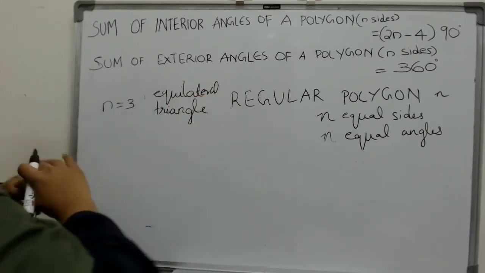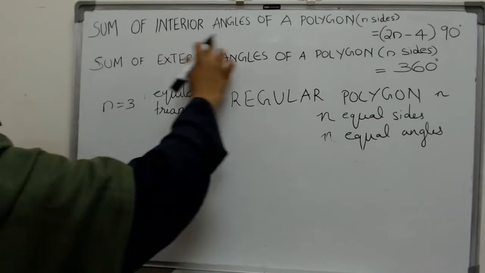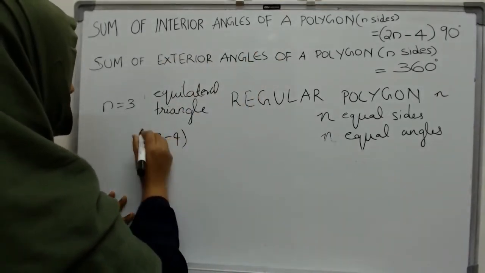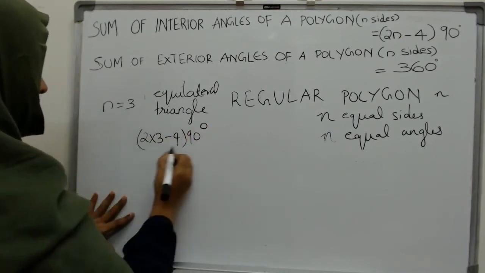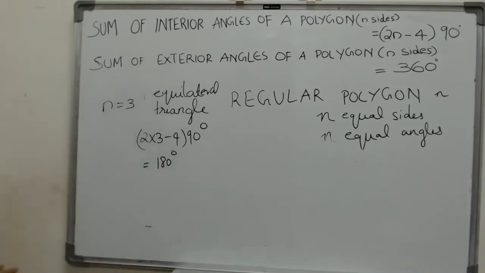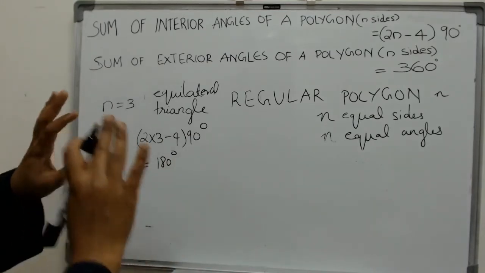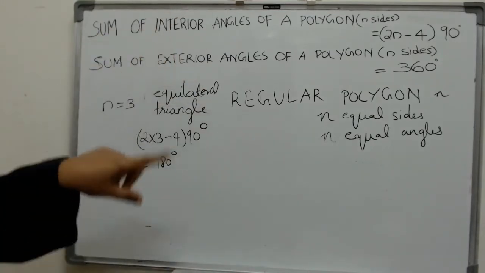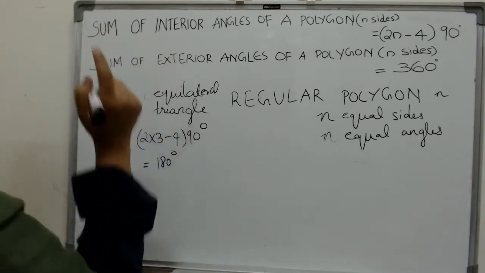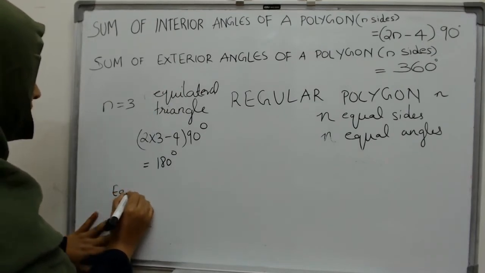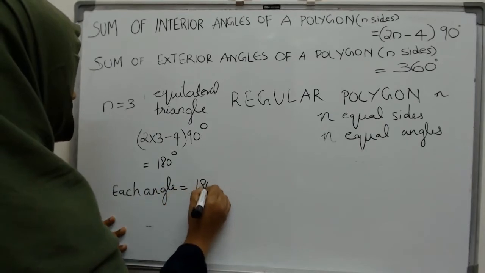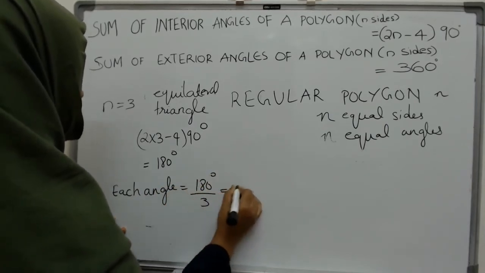So if you have an ordinary triangle, the sum of the interior angles will be (2 into 3 minus 4) into 90, which will be 6 minus 4, 2 into 90, so it will be 180 degrees. All you will know, if it is an ordinary triangle, is that all the angles added together will be 180. But if it is an equilateral triangle, you will know that each angle is 180 degrees by 3, which is 60 degrees.